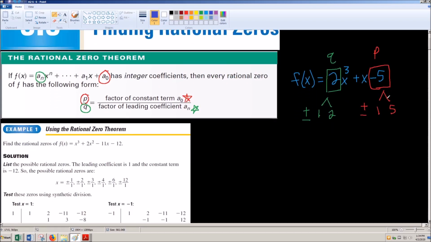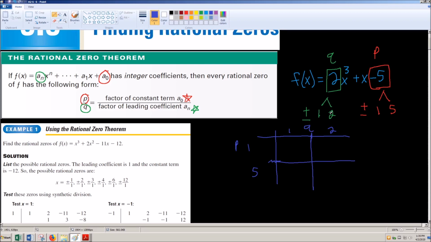I'm going to have my p's here and my q's here. For the possible q's, I had either 1 or 2, and for my possible p's, I had 1 or 5. So again, just splitting it so I can list these things out.